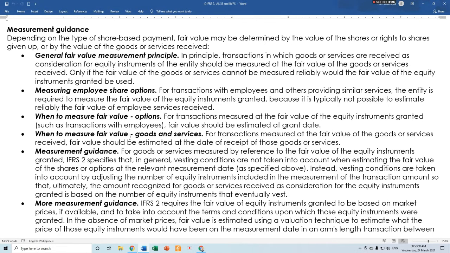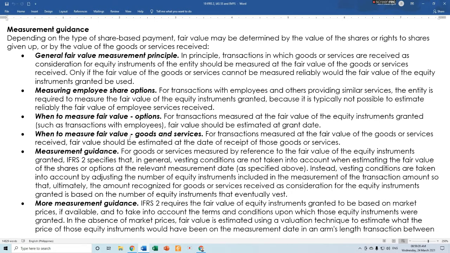Kasi particularly kapag ikaw ay nag-provide ng service, or ikaw ay tumanggap ng service from an outsider, tapos walang fair value yung shares mo, then ang magiging basis ng fair value ng shares mo will be yung fair value ng services na natanggap mo. So, always look for the fair value that is more clearly determinable. Okay. So, next tayo dyan.